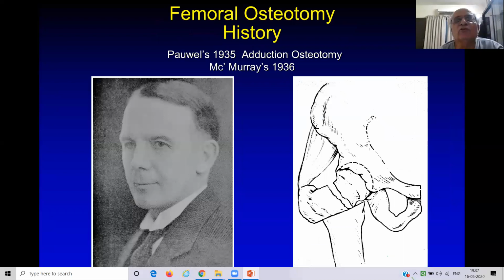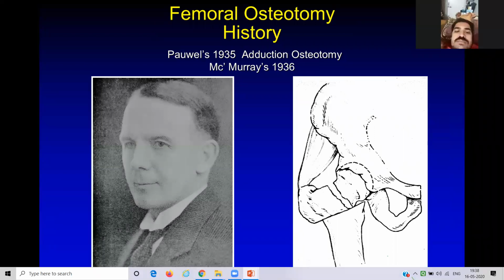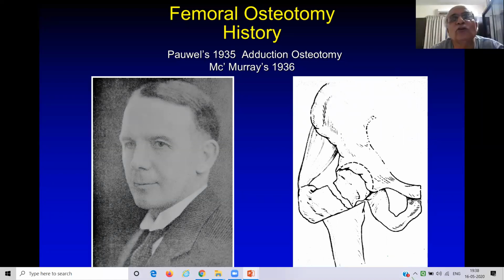The McMurray osteotomy was very, very popular in 1936. He was a professor at Liverpool University. And my chief, Professor Dholakia, I did know a couple of stories of McMurray. He was a very good surgeon, a very skilled surgeon, and he used to keep a lot of records at that time.